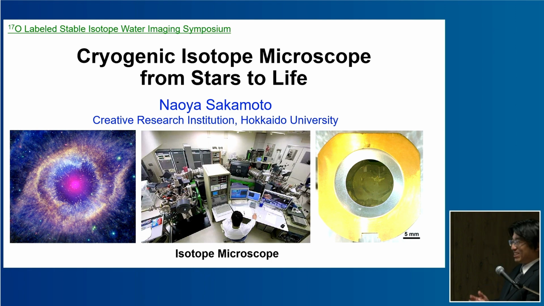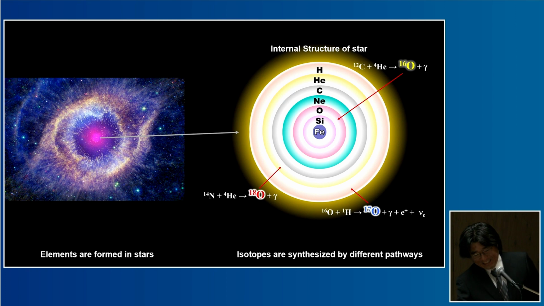This is kind of a cosmo. I start from basic things. Elements are formed in stars. Even for the same element, isotopes are synthesized by completely different pathways in stars, depending on the weight or elemental composition of the star.